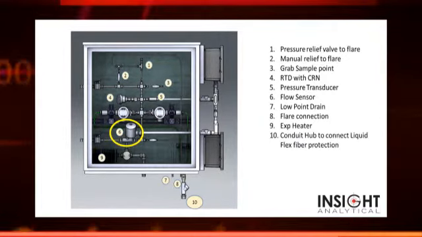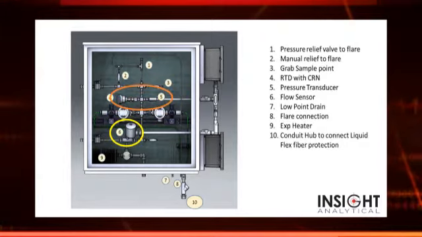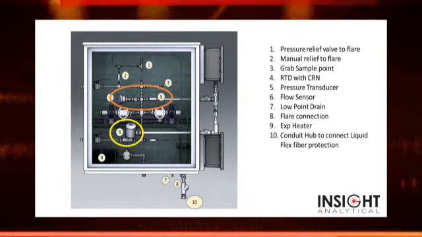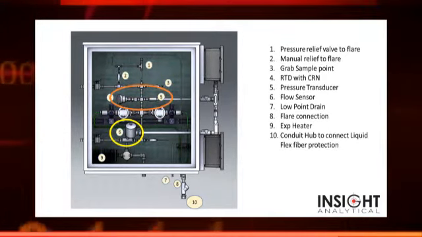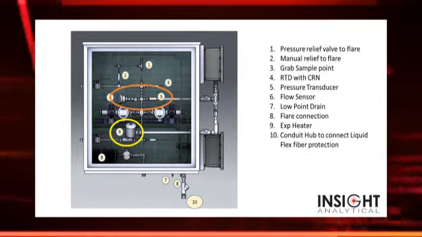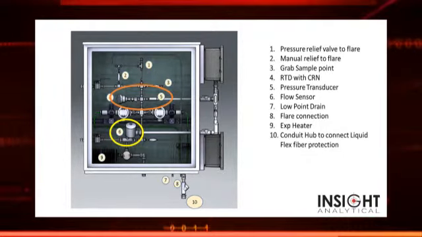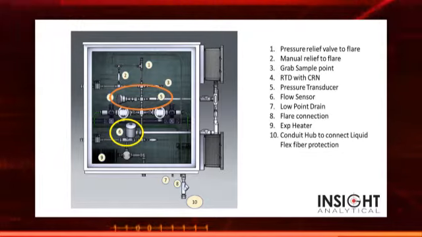Nothing's frozen off. We put temperature and pressure measurements so we can know the temperatures and pressures of our process fluids, and then add things like a low point drain, vent to flares, pressure relief, all of those safety things that you'd like to see inside of a properly designed system. But all that being said, we get to put these installations in now with very minimal sample systems around it.